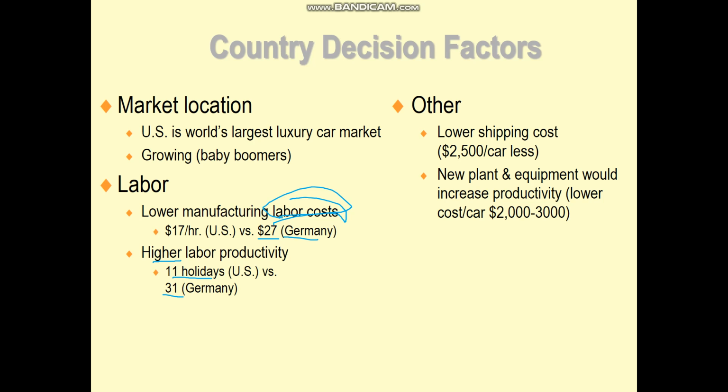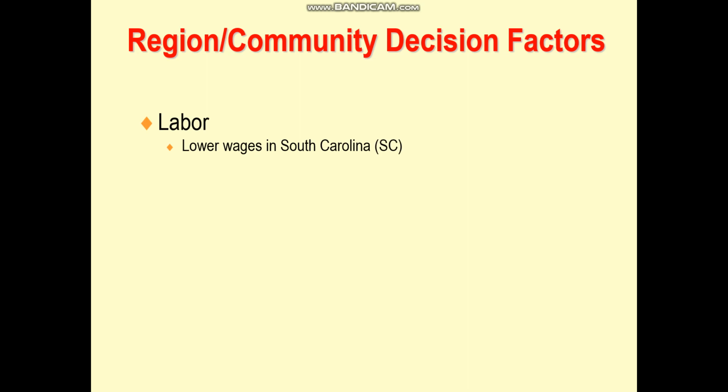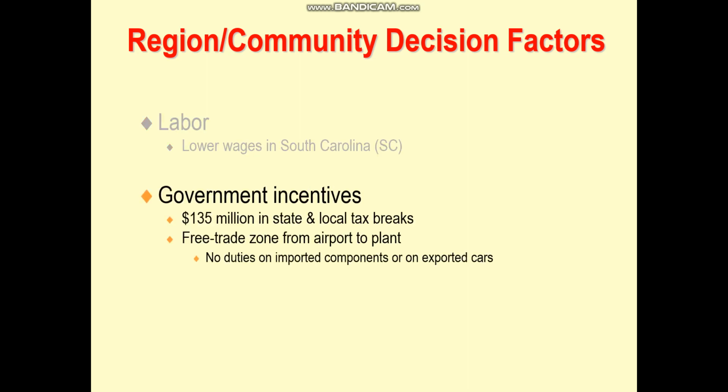And they also consider other costs like shipping cost. So when they locate their new manufacturing plant in the US, they can lower the shipping cost. And also they consider the government incentives.